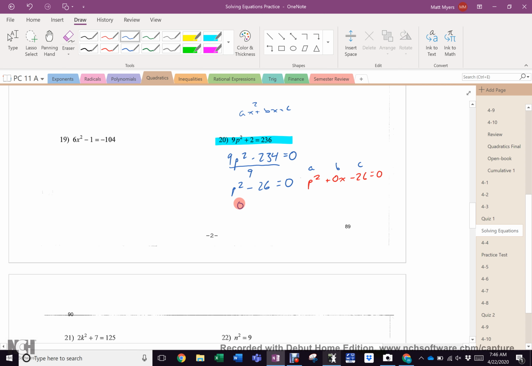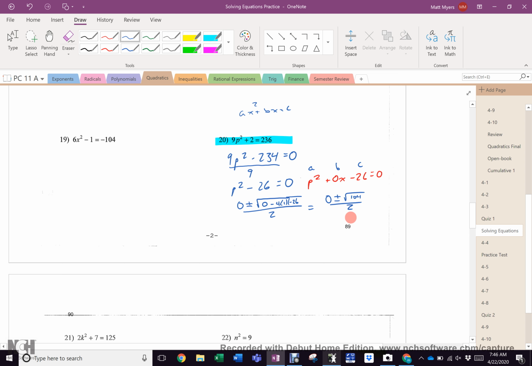So it's going to be 0 plus or minus the root of 0 squared minus 4 times 1 times negative 26 over 2. Now, negative 4 times 1 is negative 4. Negative 4 times negative 26 is positive 104. So that's going to be 0 plus or minus the root of 104 over 2.